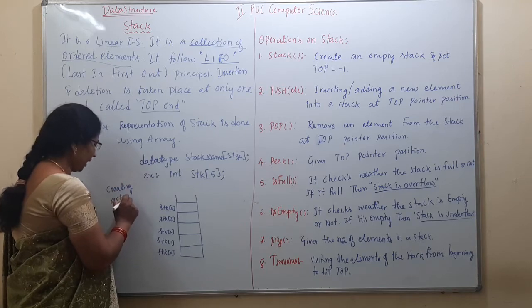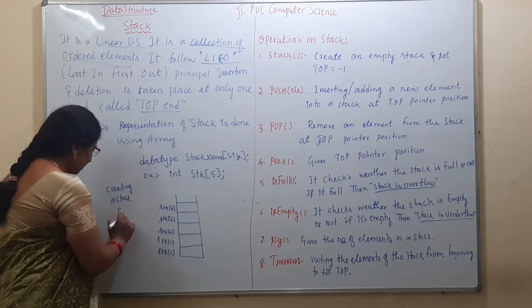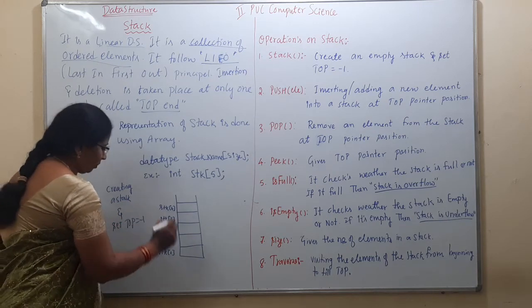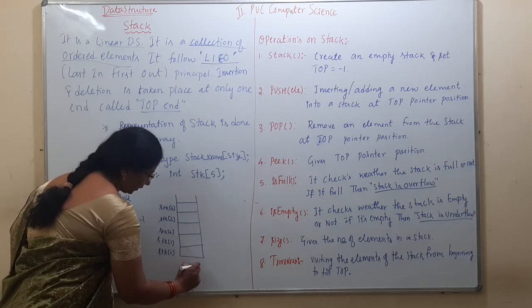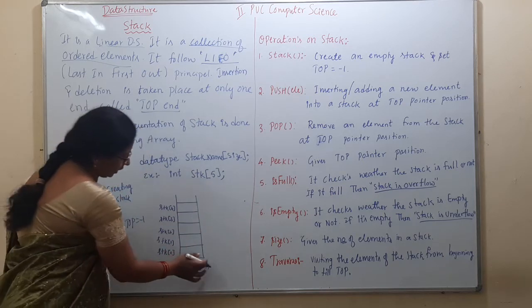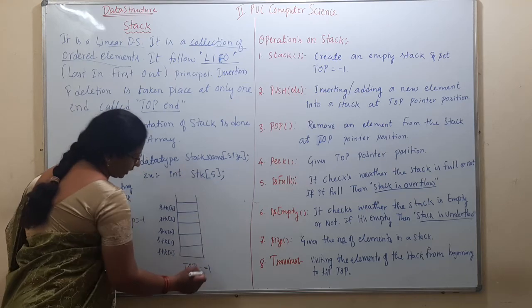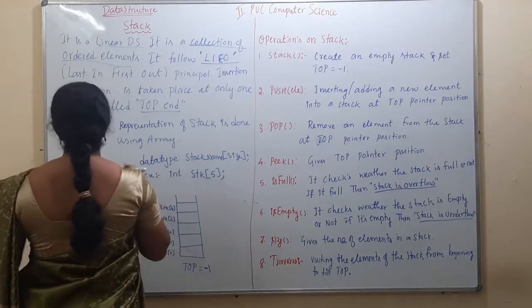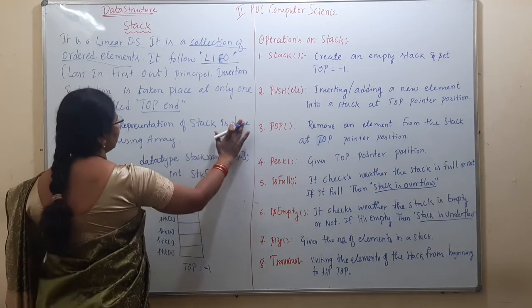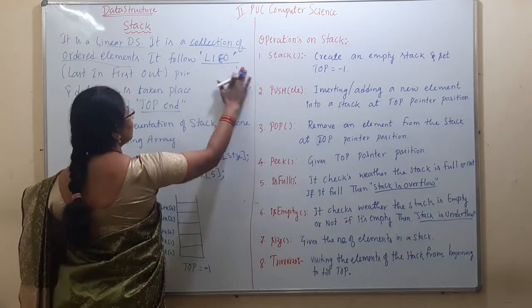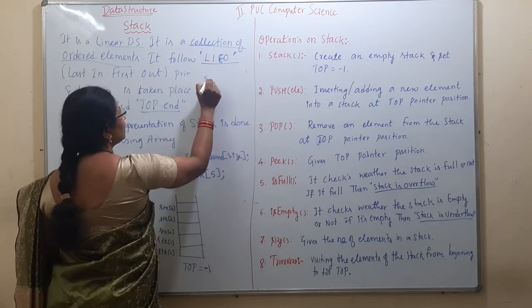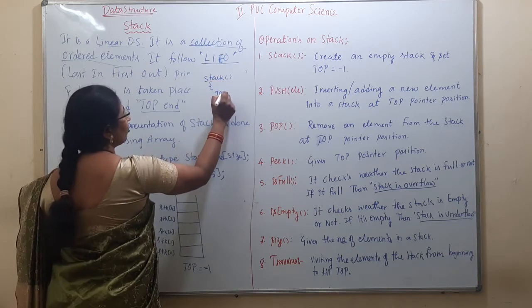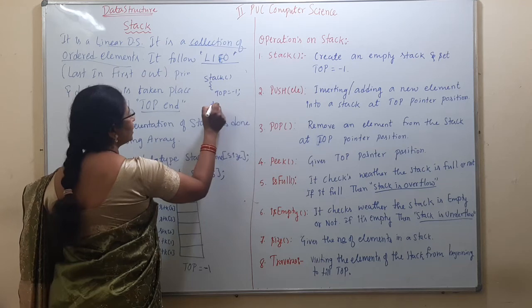Creating a stack, and set top equal to -1. In the memory, we created one stack. That stack's top pointer is set to -1.